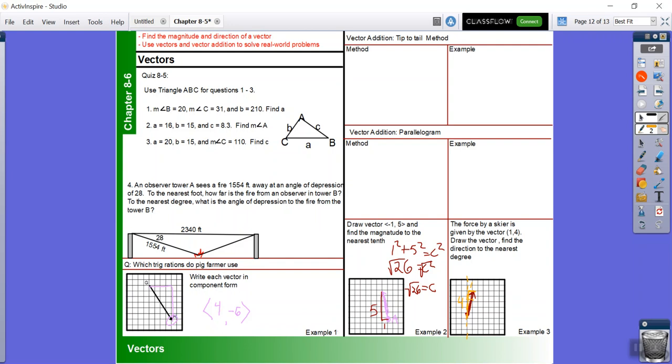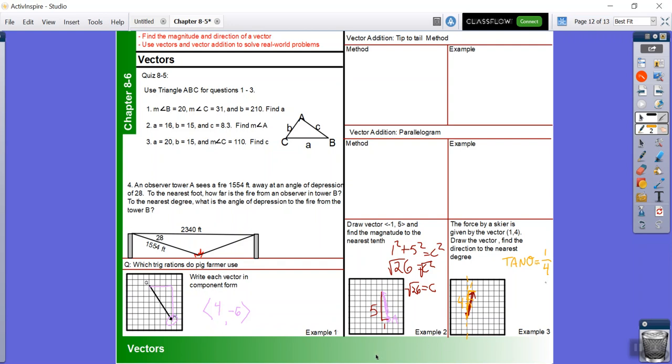And well, the tangent of angle theta is equal to, and tangent is the opposite over the adjacent. So the opposite side in this case is 1, the adjacent side in this case is 4. So I need to know what angle has a tangent of 1/4.